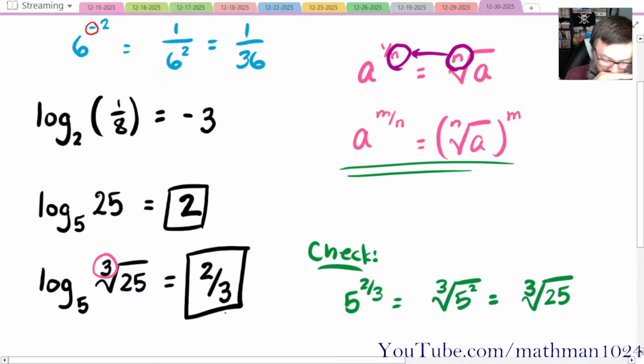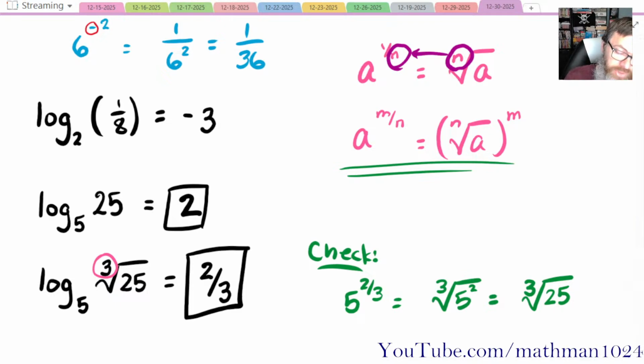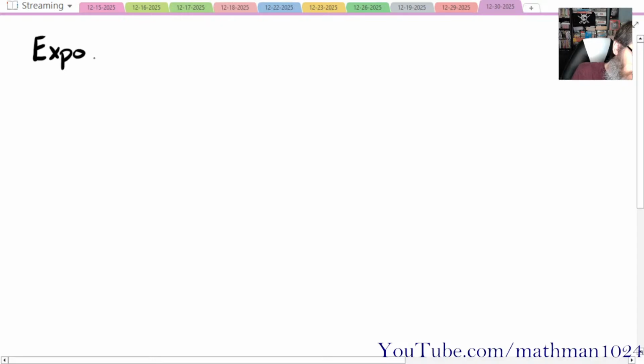Now, there are some things I want to point out here when it comes to logarithms. And don't worry, we're going to be coming back and doing a lot more of these. Remember when we had our exponential function. The exponential function looked like this.